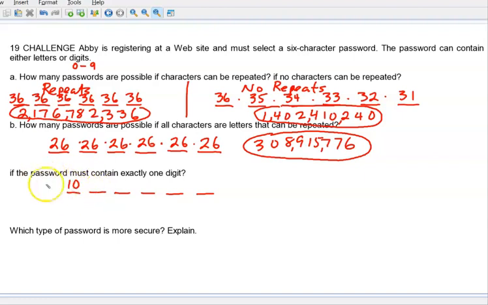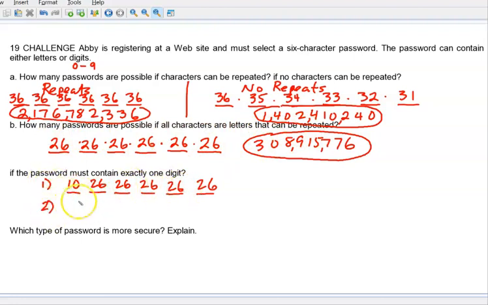So we've got 10 choices, and then all the others have to be letters. This is just a follow-up of part B, so we're going to assume that the letters can still be repeated. So that's one option.